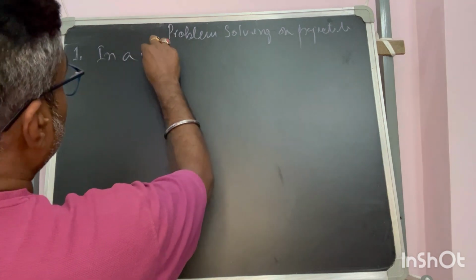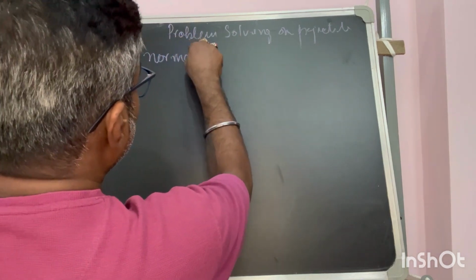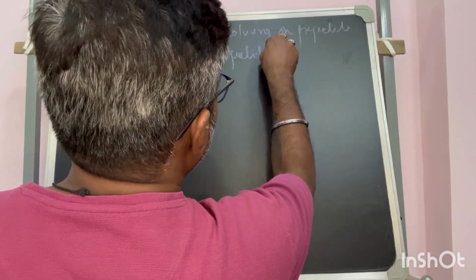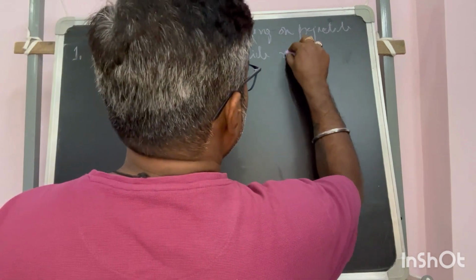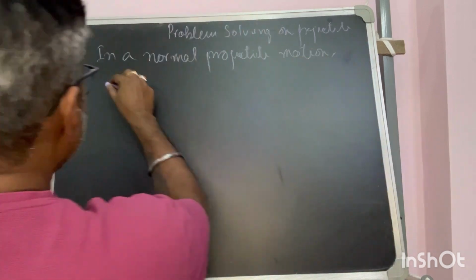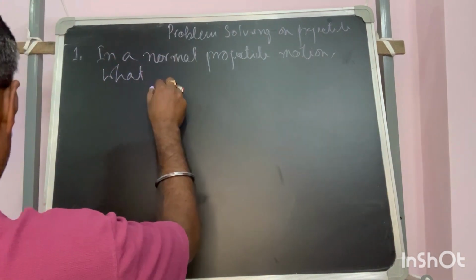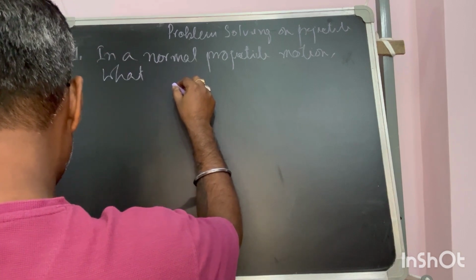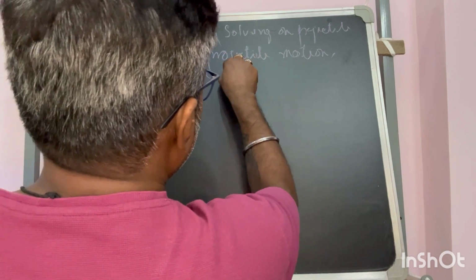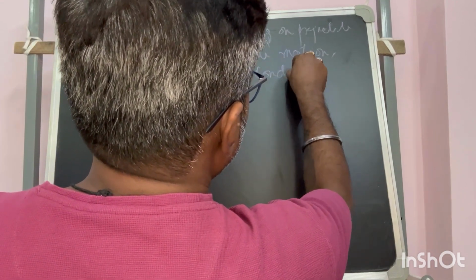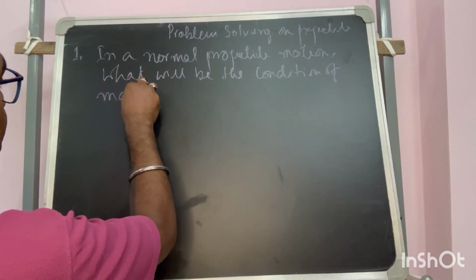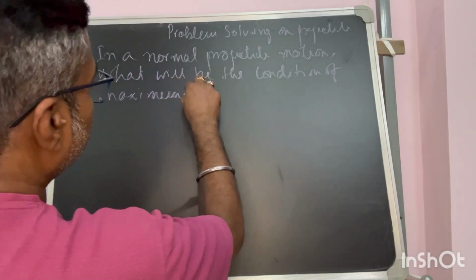So in a normal projectile motion, what will be the condition of maximum range?